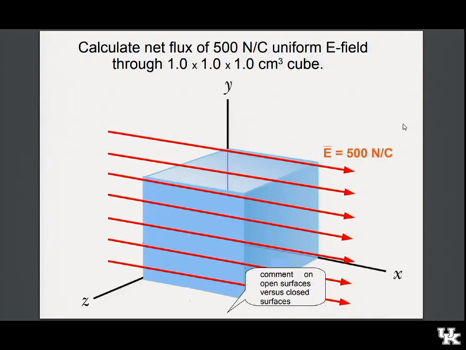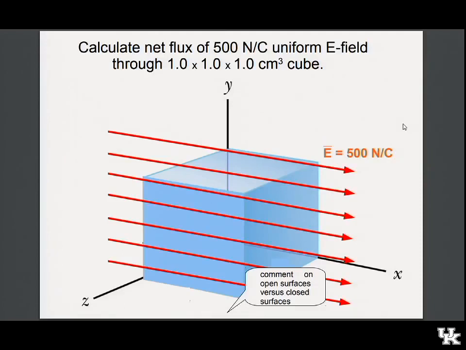So what is the electrical flux, what we might call the net electrical flux, through all the faces of that cube? This introduces an important point when we talk about electrical fluxes through surfaces. We're going to talk about closed surfaces and open surfaces. As an example of a closed surface, think about the full surface of this box.